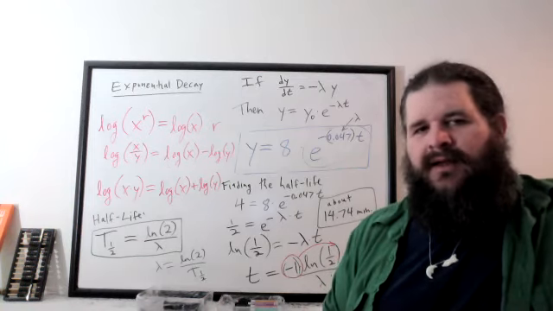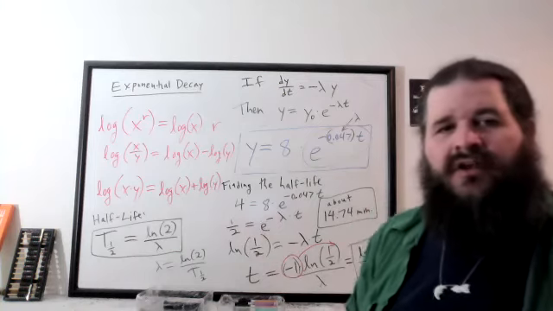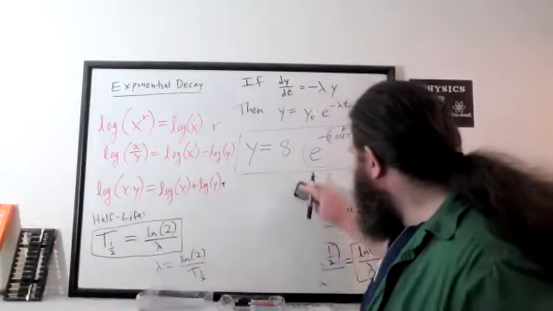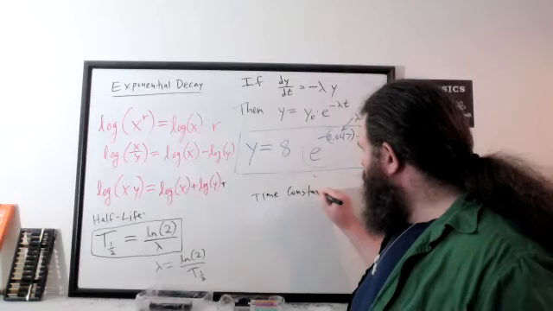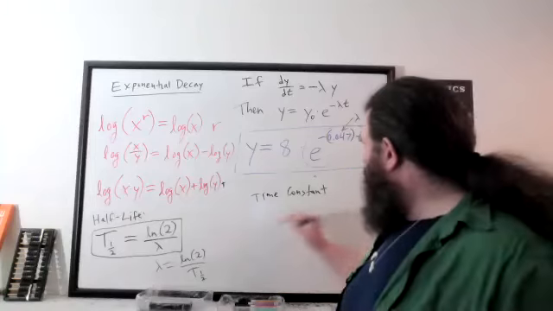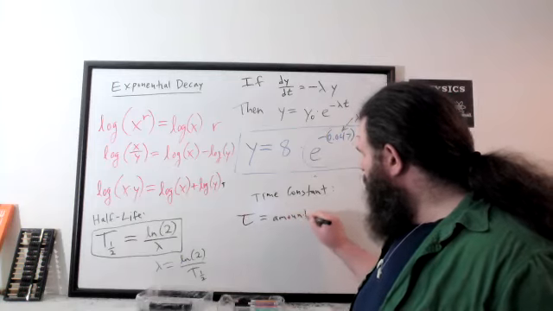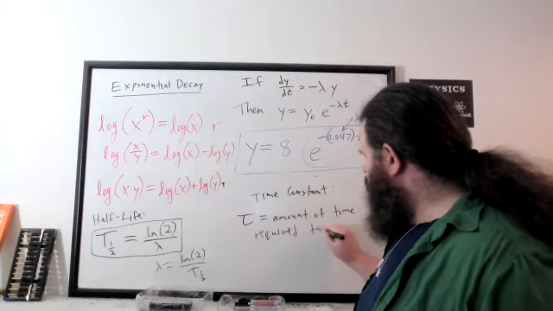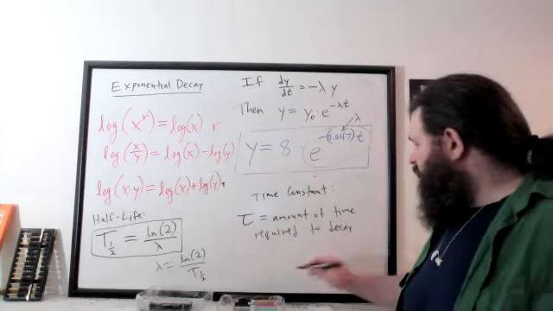All right, we are out of time for now, but what I'd like you to try next is to run this same sort of analysis on your own, and see if you can use this to find the time constant. Much in the same way that the half-life was the amount of time it takes to decay to 50% of the original amount, the time constant, usually written as tau, is the amount of time required to decay not to 1/2 of the original amount, but to 1/e of the original amount.